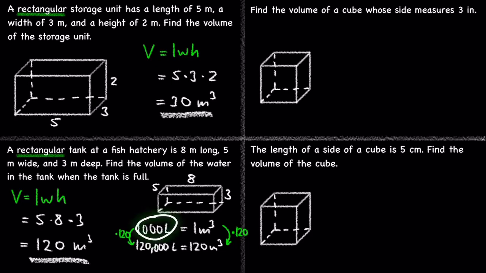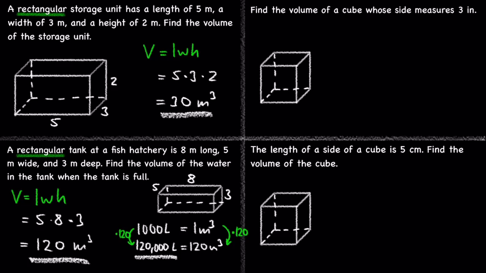So when 1000 liters is 1 cubic meter, then 120 cubic meters is 120,000 liters. So we also can say the volume of the tank is 120,000 liters.